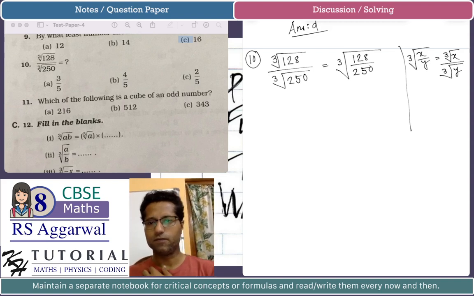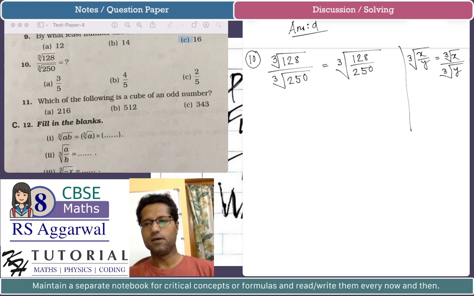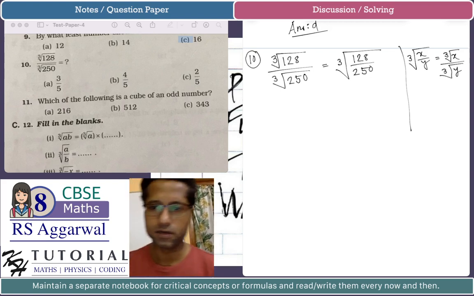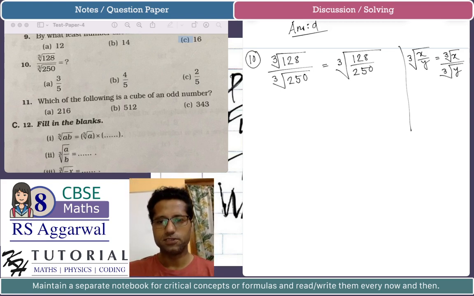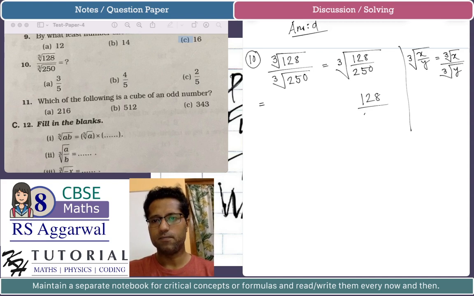So once we have 128 by 250 as a fraction, possibly after doing some cancellation, we will get a fraction where both the numerator and the denominator will be perfect cubes. So let's see what happens. What is the simplified form of 128 by 250?